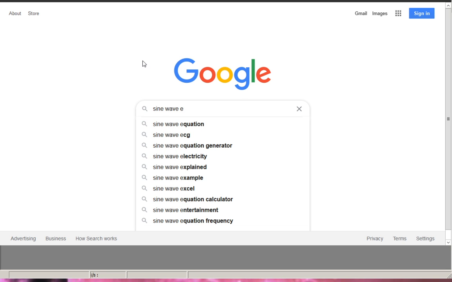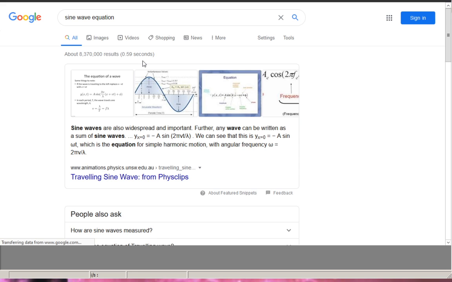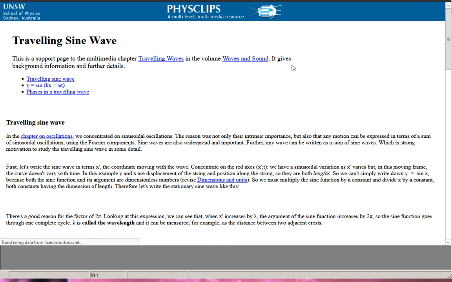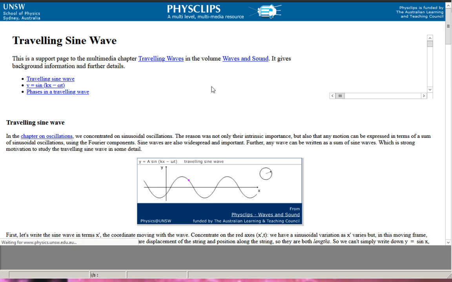Sine wave equation. Traveling sine wave. It's the sine and the cosine.